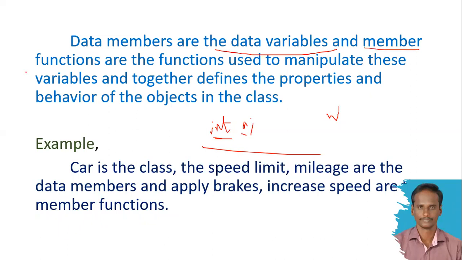Similarly, member functions are functions. How do we define a function? For example, if you want to display a text, we generally create a function like this: void display. Void is the return type; any return type can be given here. Then an open brace and a close brace.